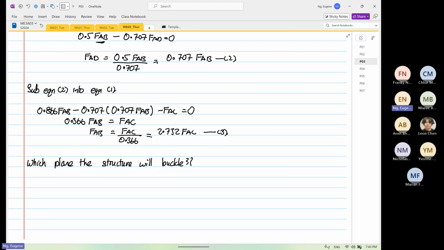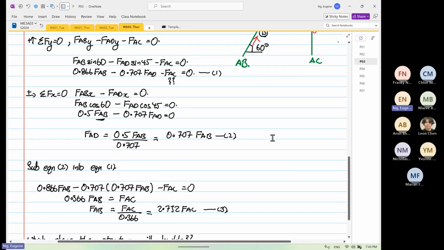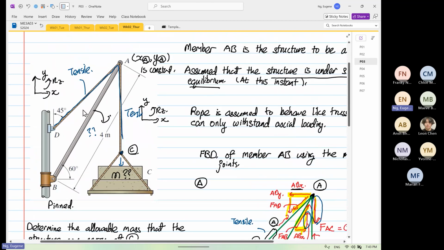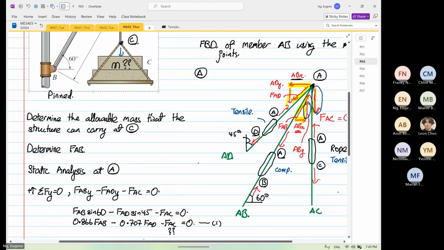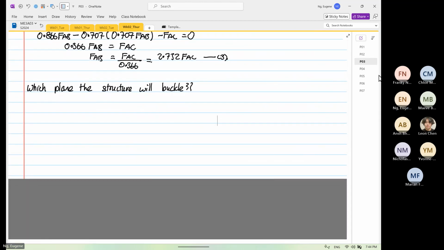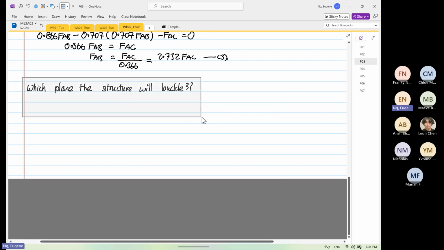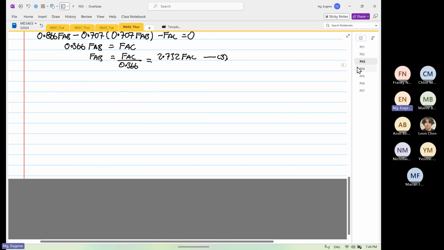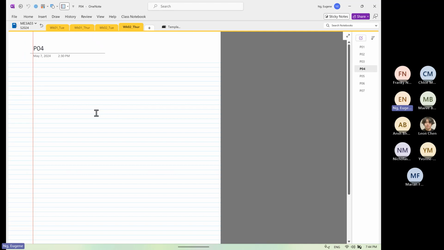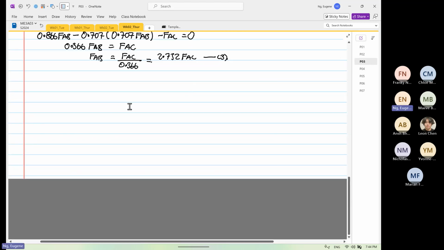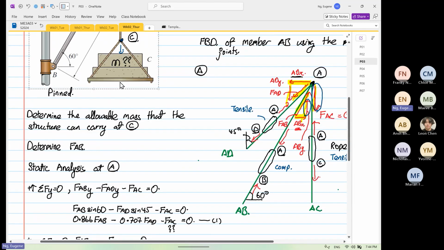Okay, we don't know. So let me get the picture again. In fact, I will do it on the next page, which plane will buckle. So I'm going to get this image again.